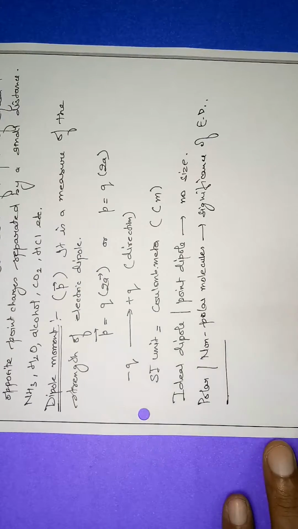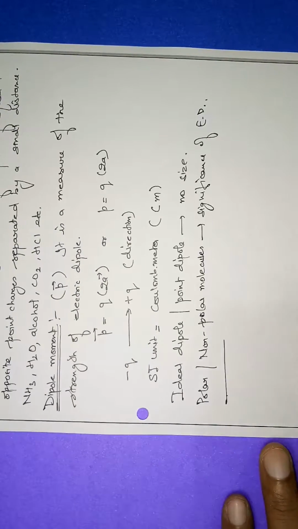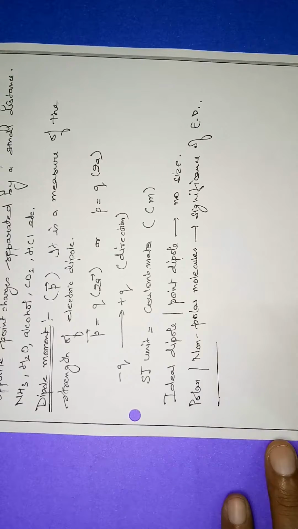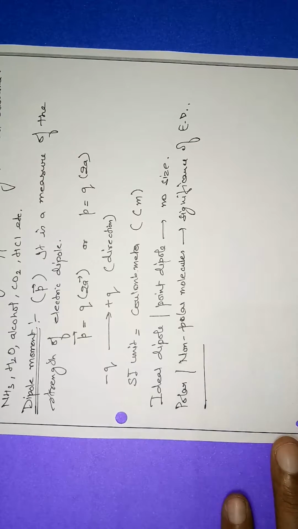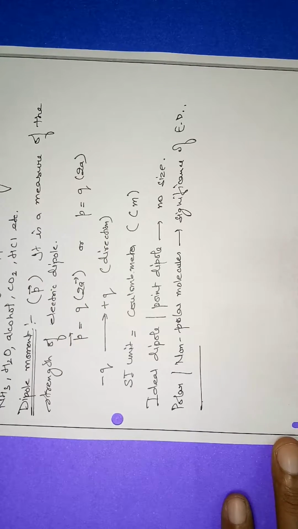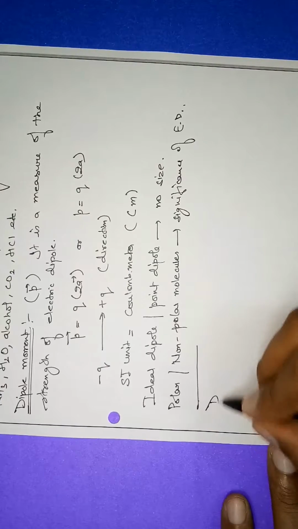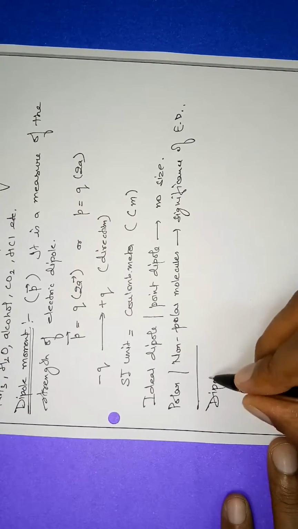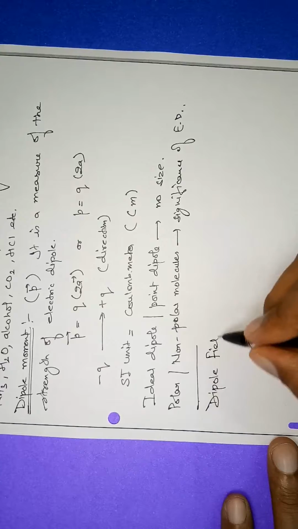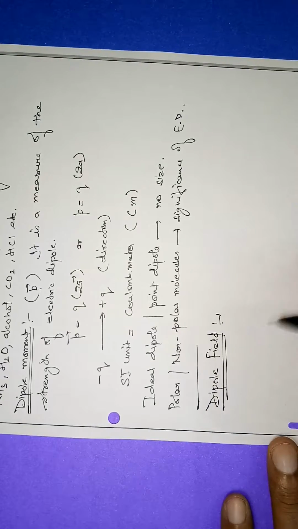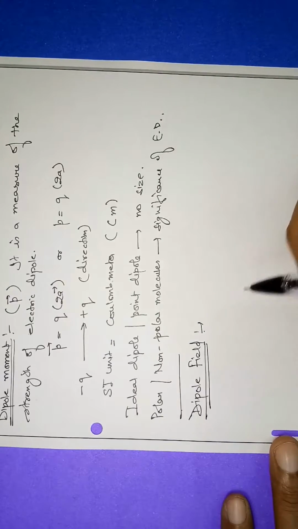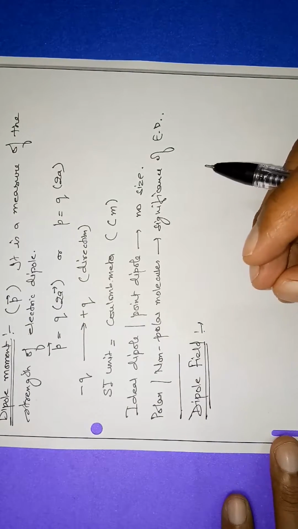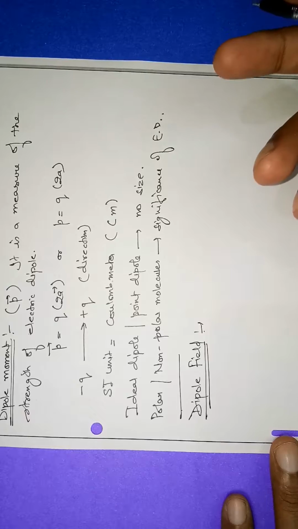Now if we have a dipole, there are charges, so the field of the charges must be there, as we already discussed that the electric field of a charge exists. If we have two equal and opposite charges, then there must be some field, and that is called the electric dipole field, or the dipole field. As we defined earlier, the space around a charge is called the electric field.